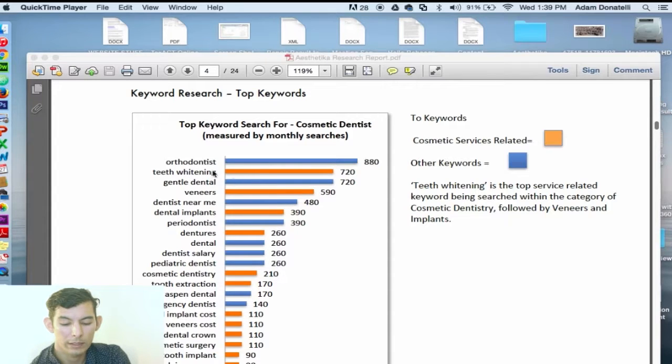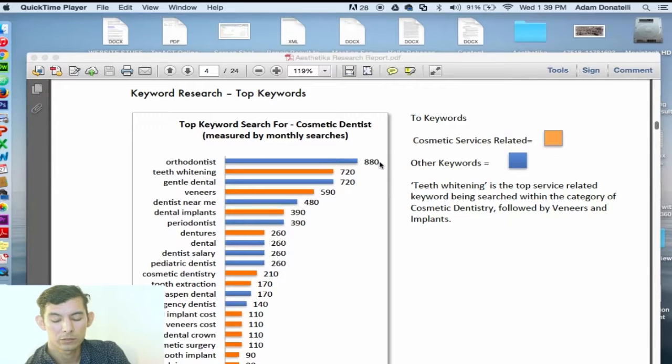Okay, so teeth whitening, veneers, dental implants, dentures. All right, cosmetic dentistry, and over here are the monthly search volumes for these keywords. So within 1 month, people online within San Francisco.